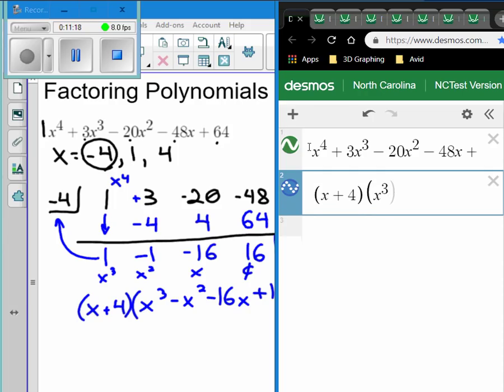This was x to the power of 3 minus x squared minus 16x plus 16. Whoa, that is supposed to be to the power of 2. There we go, that's better.